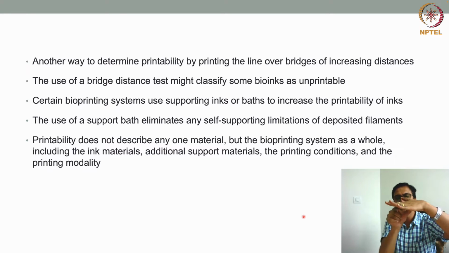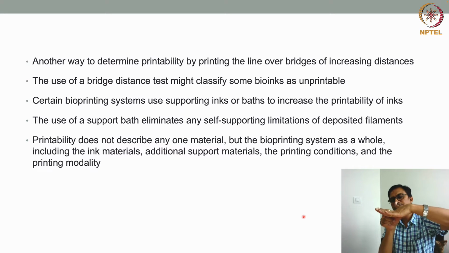Suppose there are two bridges here and my printed line fits perfectly on those two. There is no sagging, then it is perfectly printable. That's very good. But if the printed line sags like this, then that ink cannot hold itself, and there is a deformation or sagging of the ink.